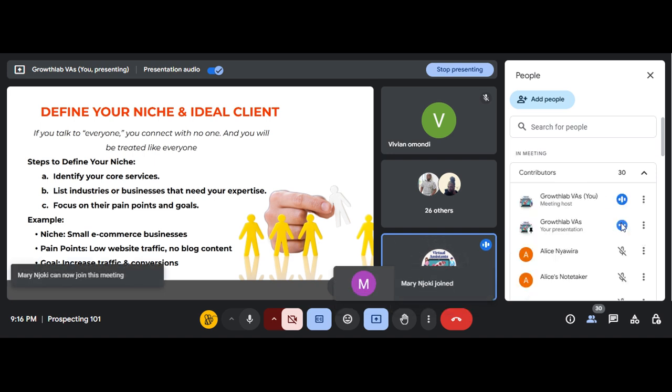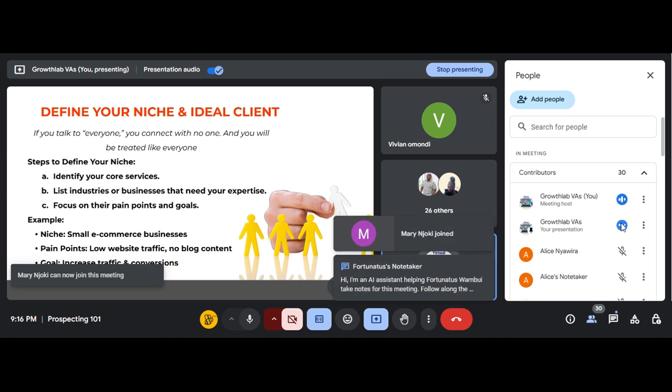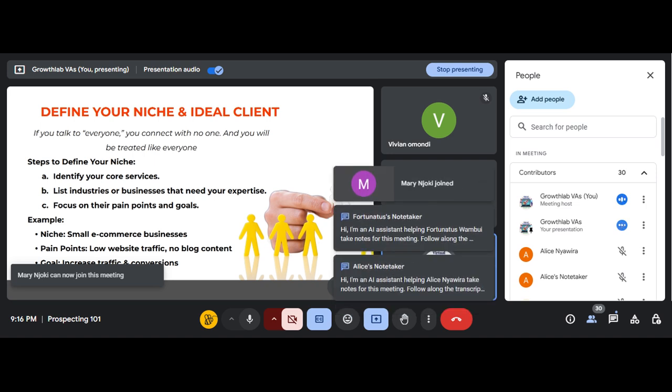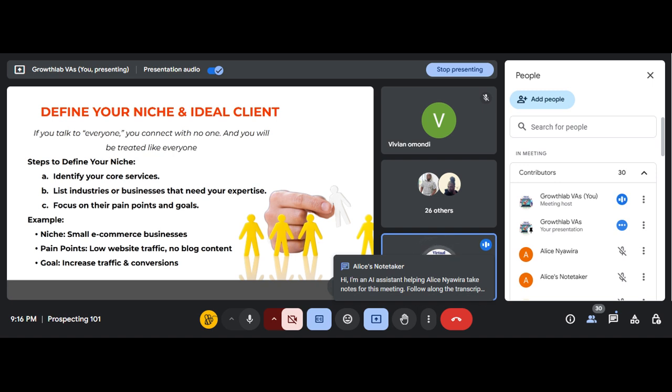So, for example, if you're offering your services to, say, fitness coaches, if their problem is lack of funds, as a virtual assistant, you cannot solve that. So don't mention that.